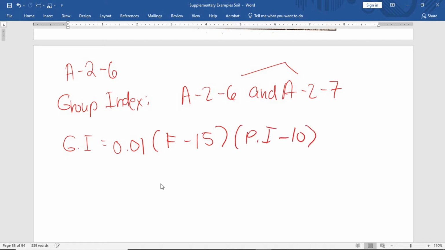Partial lang yung gagamitin natin. Applicable lang itong formula na to for A-2-6 and A-2-7. Para sa iba, yung kompleto, yung buo.